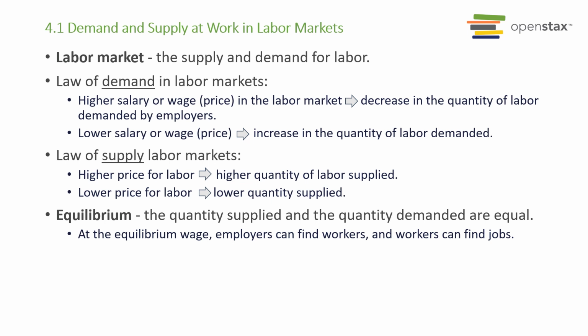The law of demand states that as the price increases, we see a lower quantity demanded, and as the price decreases, we see a higher quantity demanded. When we apply this to the labor market, it's the same concept. The price of labor is just the wage, how much we're paying people.